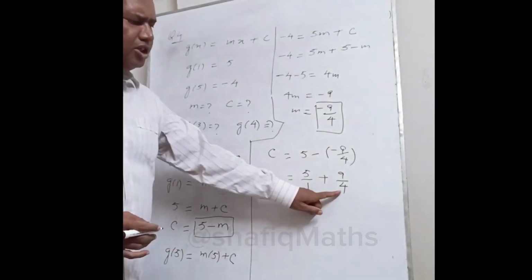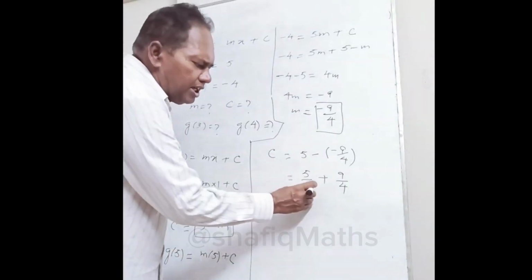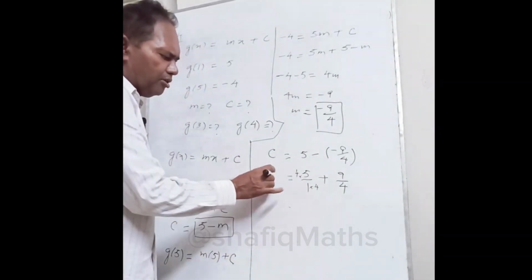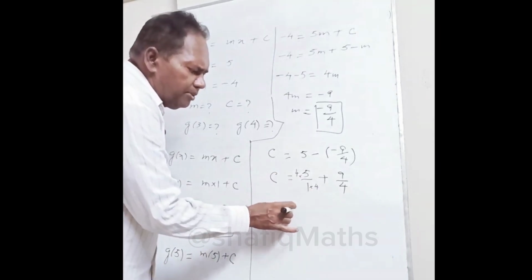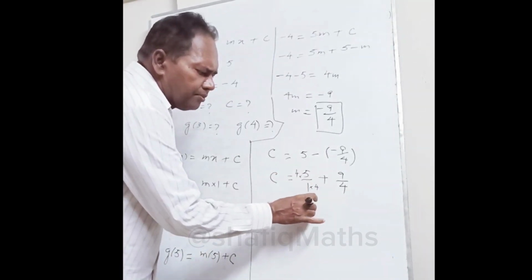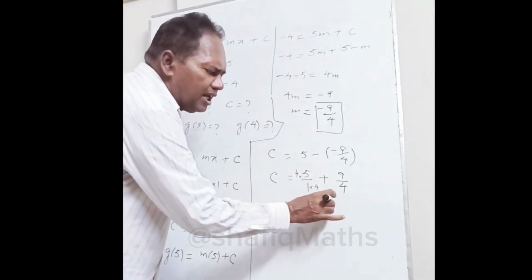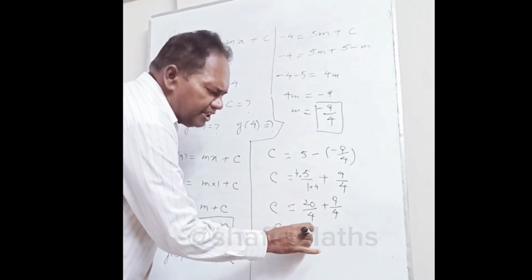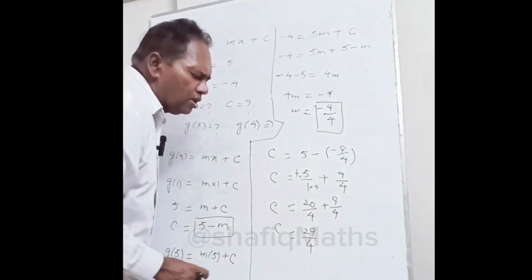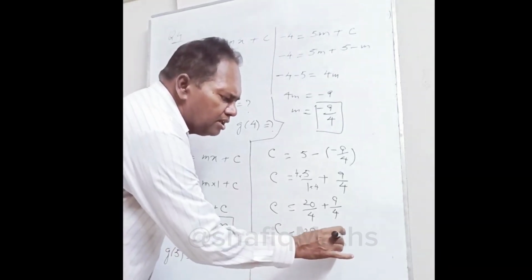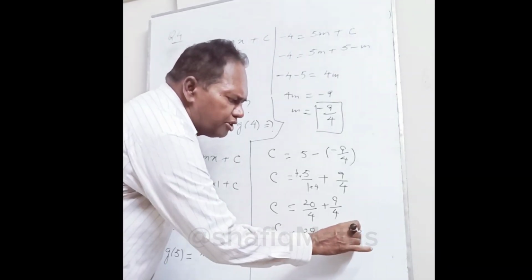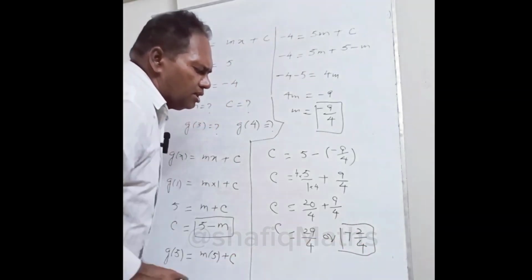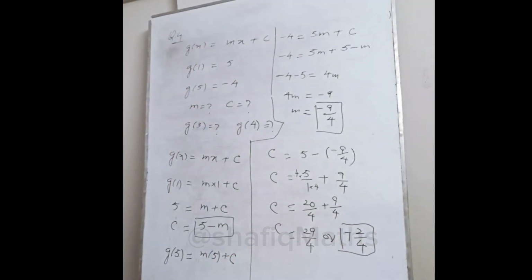We have 4 in the denominator here, so we multiply by 4 in both numerator and denominator. So c will be 20/4 + 9/4, and our answer will be 29/4, or we can write 7 whole 1/4. This is our first part of the question.